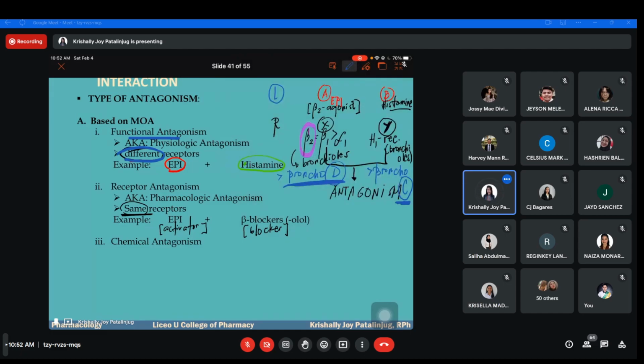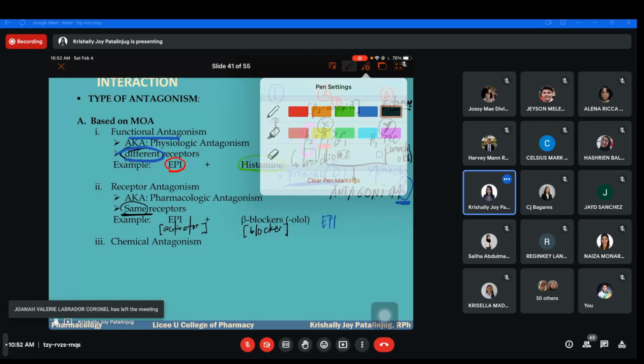Okay? Sige, bigyan ko kayo ng idea. For instance, epinephrine ulit. Yung epinephrine, di ba sabi ko kanina, meron din siyang affinity sa beta-1 receptor.